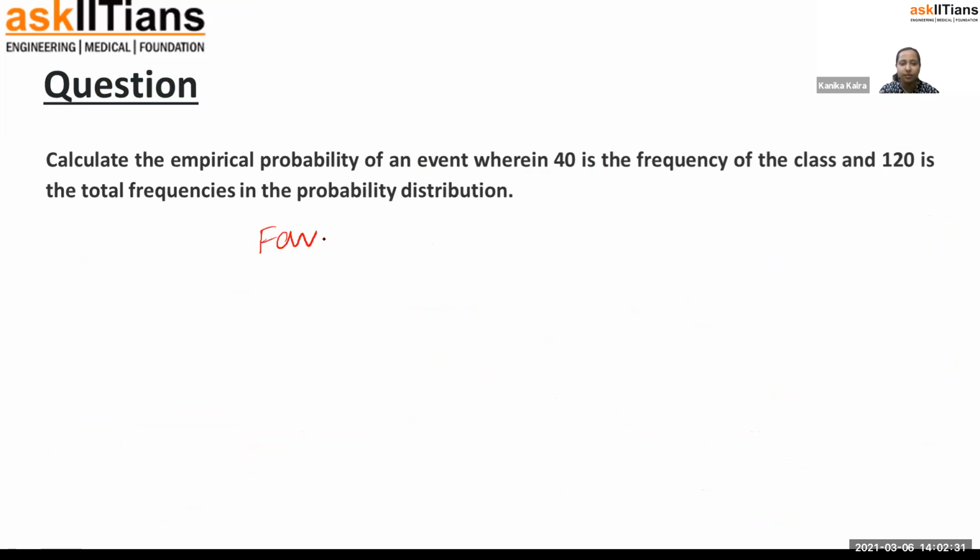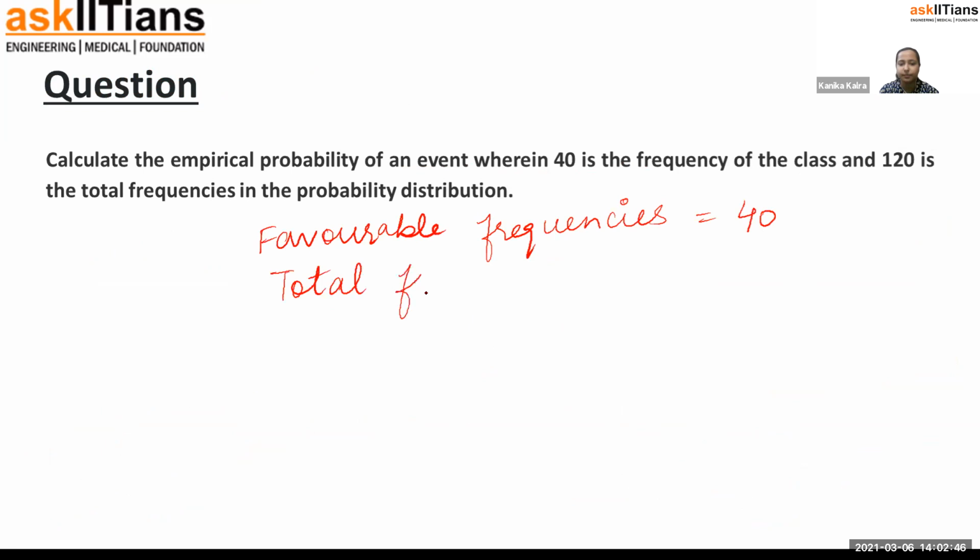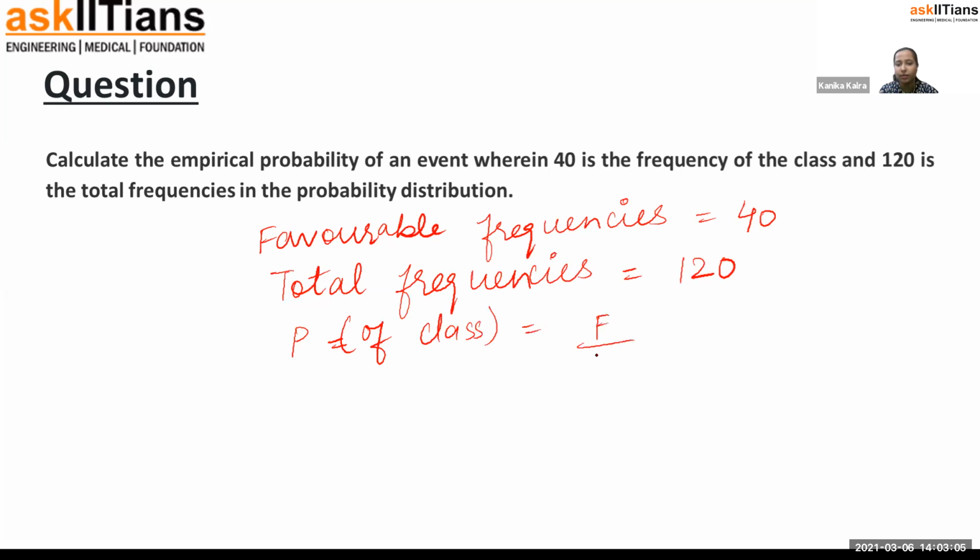So favorable frequencies are 40, total frequencies 120, and the probability of the class is equal to favorable over total.